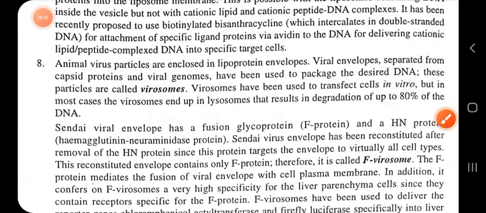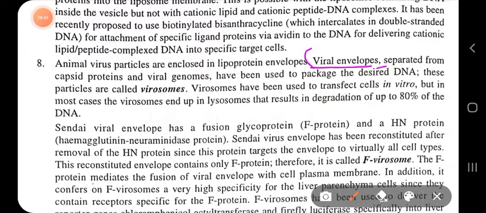So again, the viral envelope from animal viruses is used to package our desirable DNA, and these particles are called virosomes.